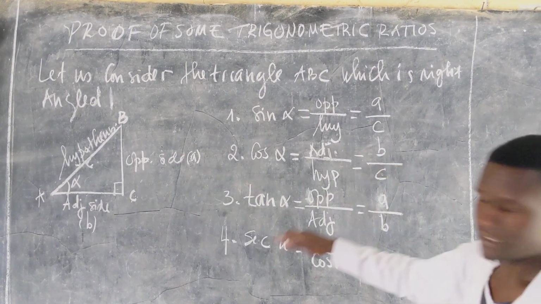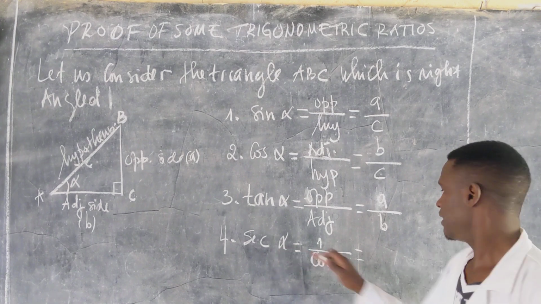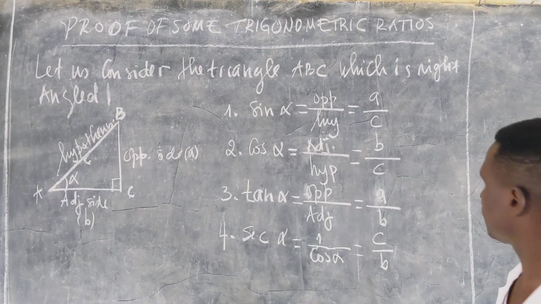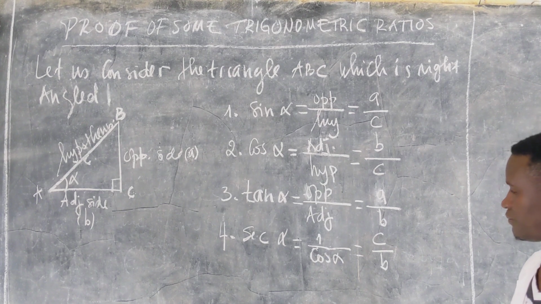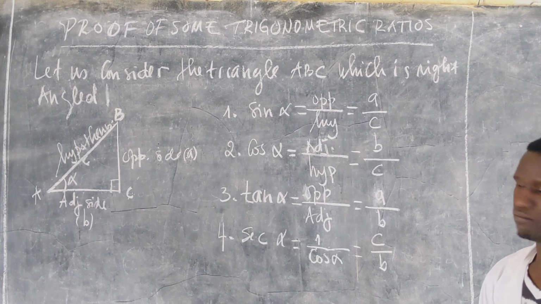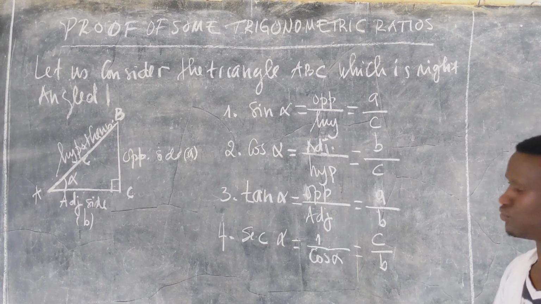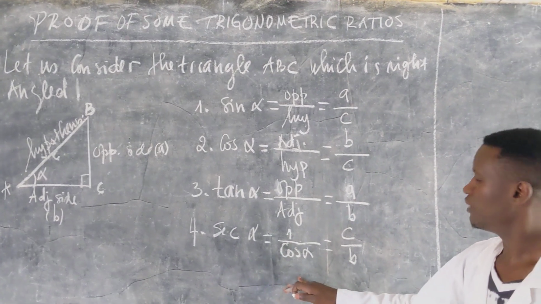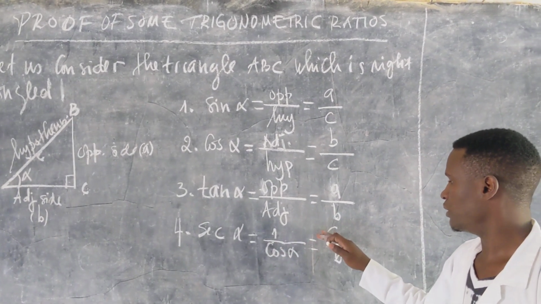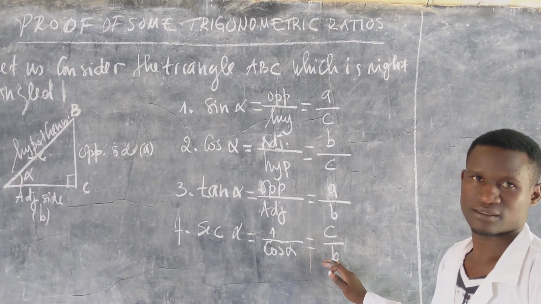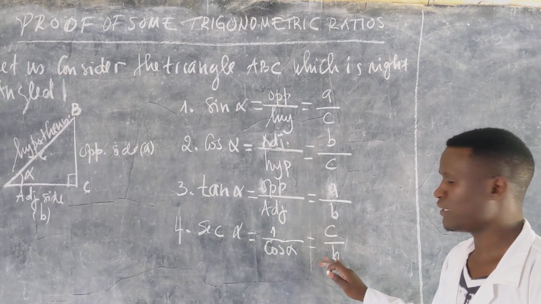This means that sec alpha is equal to c over b. The fourth trigonometric ratio is called the secant and is equal to the inverse of cosine, which is also equal to the hypotenuse divided by the adjacent.